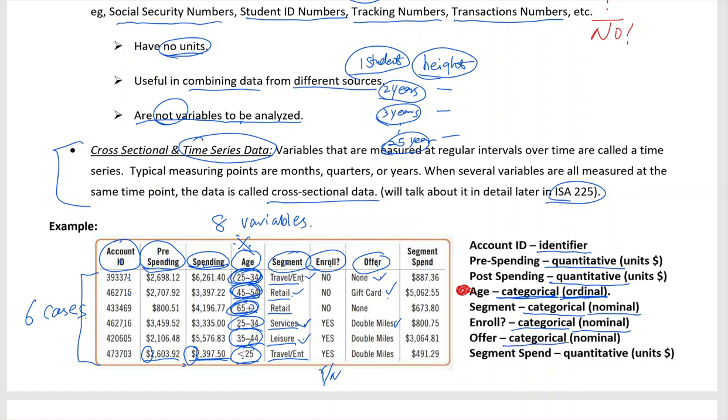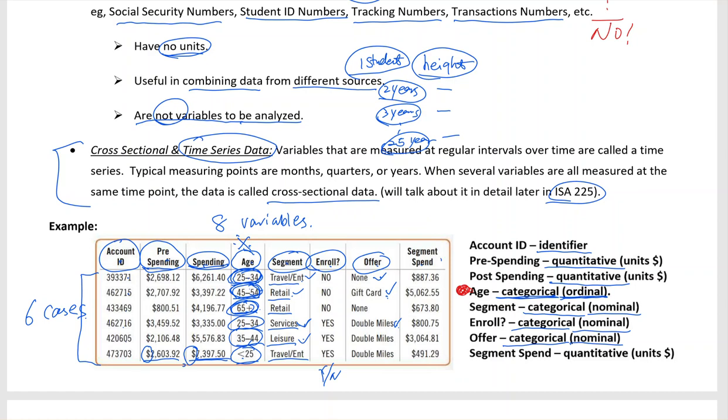Can these three categories be ordered? Think about it. Is giving you a gift card better than providing you double miles? No, I don't think so. So it will be nominal, nothing else.